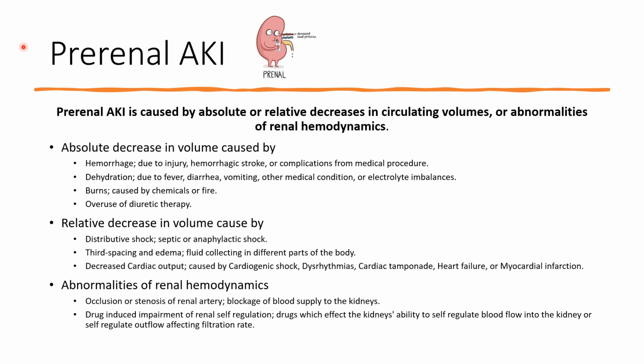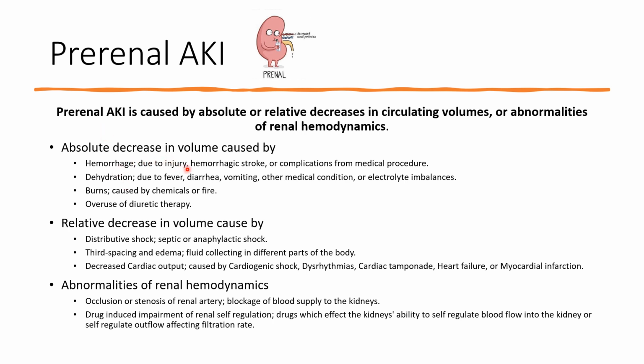So here we have pre-renal AKI. Again, you have this little guy here, he's thirsty, he's not getting perfused, and he's not creating urine. Pre-renal AKI is caused by absolute or relative decreases in circulating volumes or abnormalities of renal hemodynamics. So absolute decreases in volume can be caused by hemorrhage.